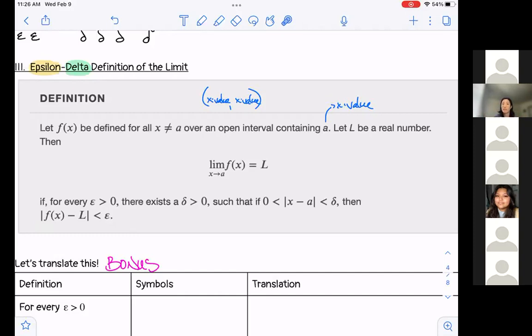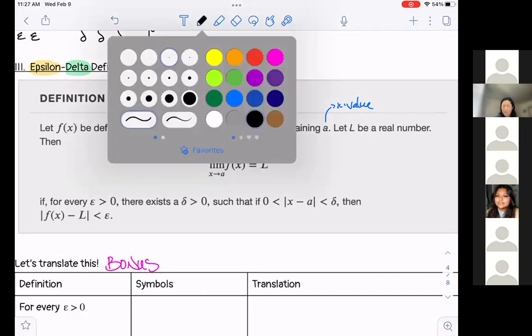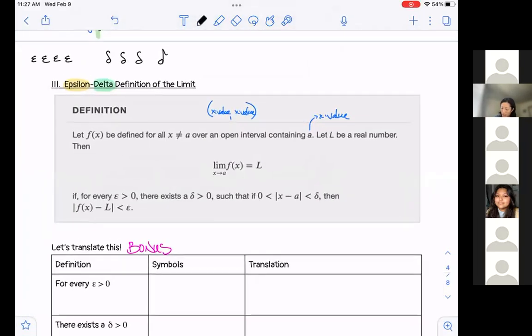And then for the intermediate value theorem, we did examples first, and then we went back to look at the definition. And so this time we're doing a one-time read of the definition. We're going to look at some pictures and then come back to the definition and see if that makes a little bit more sense. Okay. So I'm trying to model a bunch of different ways for you to access content.